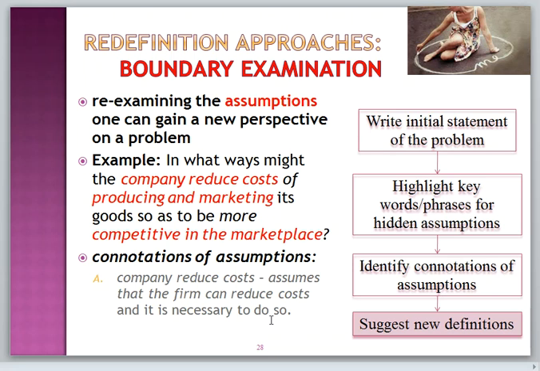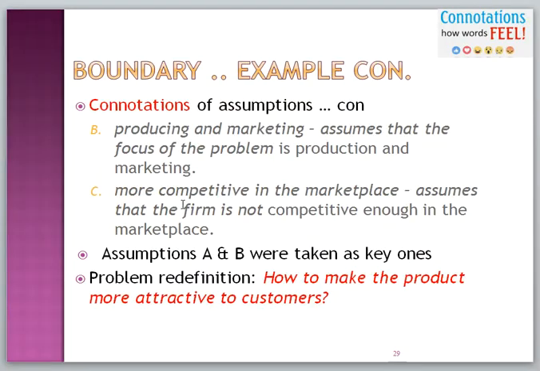Let's go to producing and marketing, the second one here. So as you see, while we are moving, we are trying to understand the boundaries of our problem. It's called boundary examination through these keywords. Let's have the second one, producing and marketing.